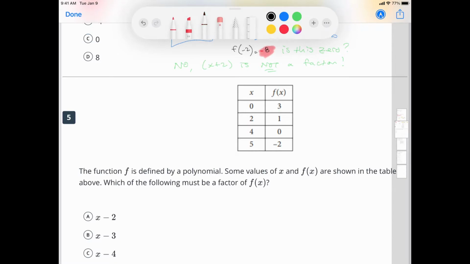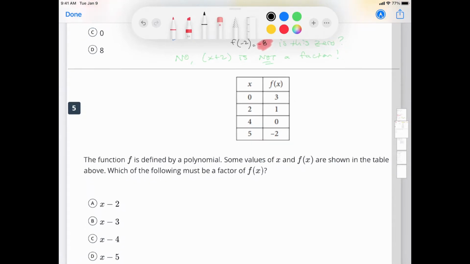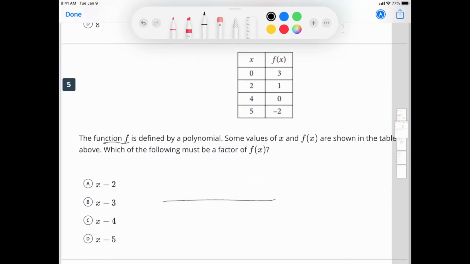Number 5. The function f is defined by a polynomial. Some of the values of x and f of x are shown in the table. Which of the following must be a factor of f of x? Okay, so you have some kind of graph. Let's give you a visual.